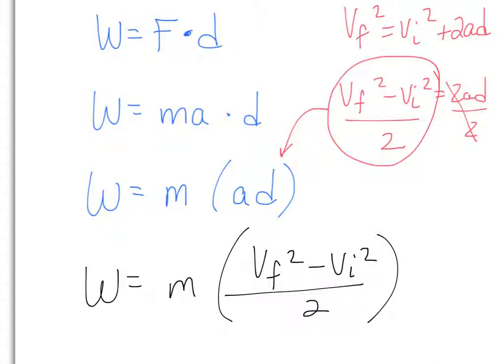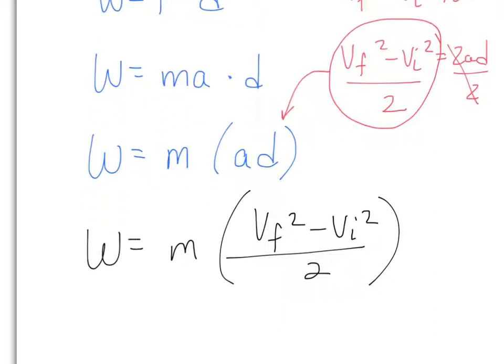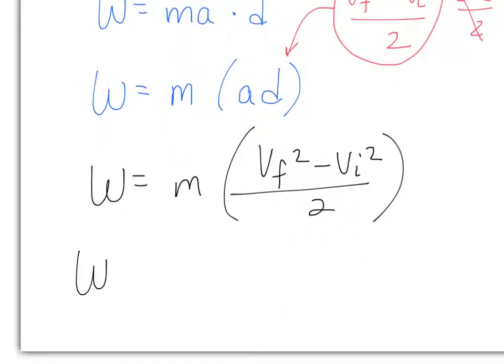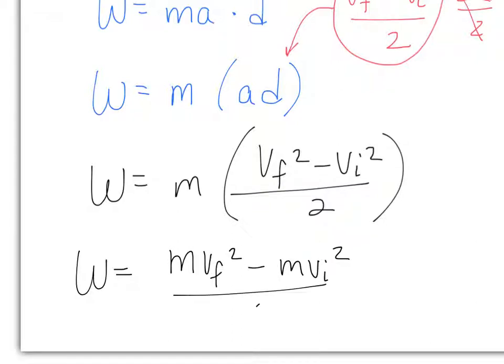Here's how you can make it more familiar to yourself. Distribute the m to both of the numerators. And then separate this into two fractions that are both over 2. So distribute the m. It'll make it look a lot more familiar to you. Distributing the m, we get mvf squared minus mvi squared all over 2.